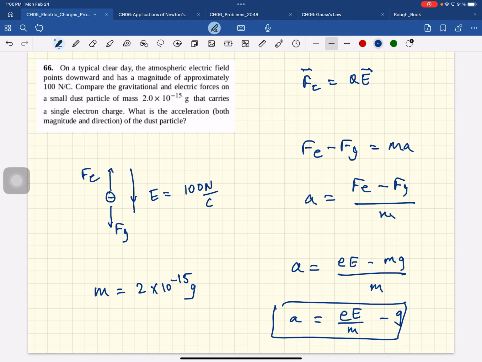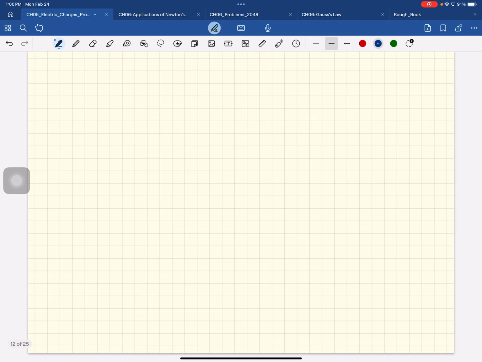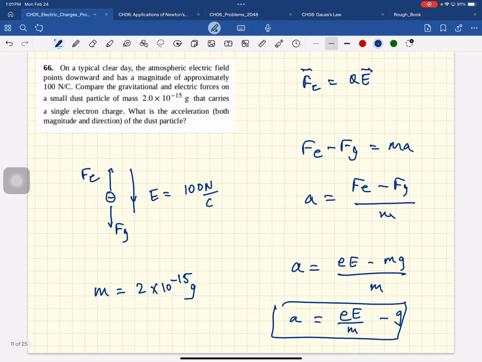All right, so let's put in the numbers. So A is, the charge is 1.6 times 10 to the minus 19 coulombs. We're just doing magnitudes because we've drawn in the diagram, we have given the directions, okay?